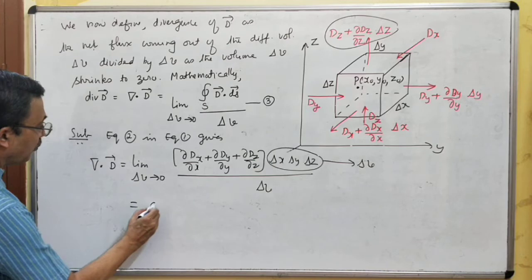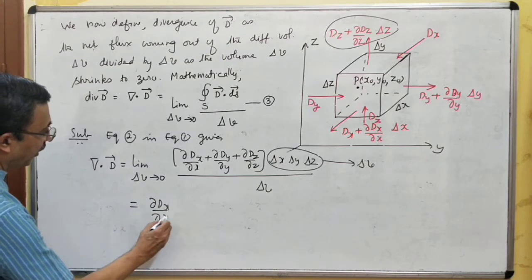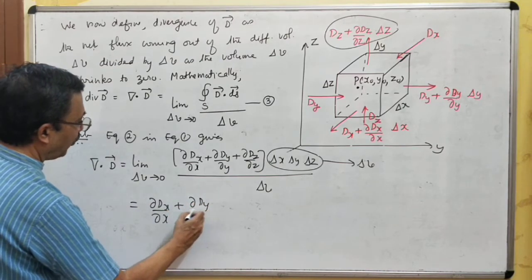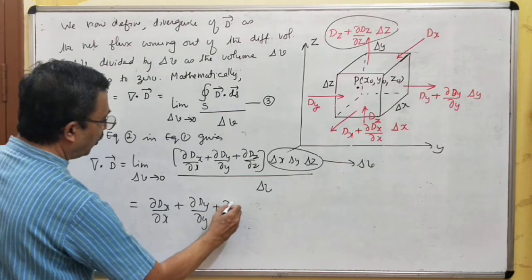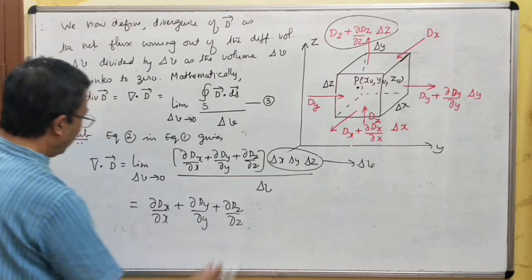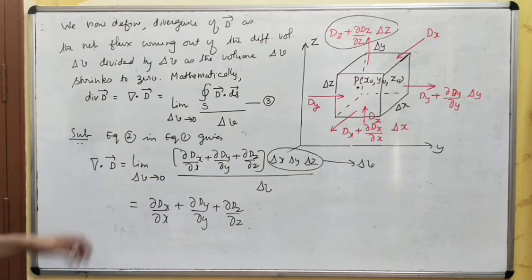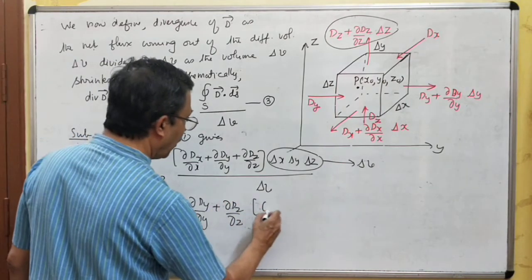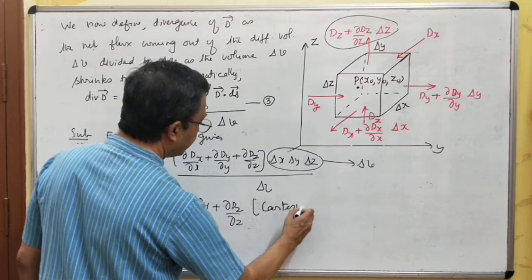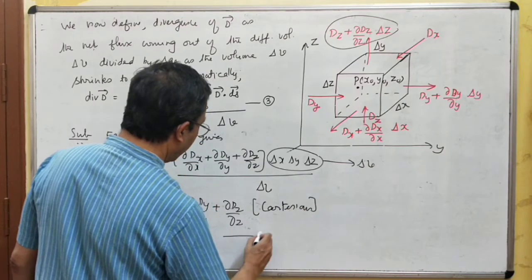So this gives you dou dx by dou x plus dou dy by dou y plus dou dz by dou z. This is the expression for divergence of vector D in Cartesian coordinate system. This I call equation 4.